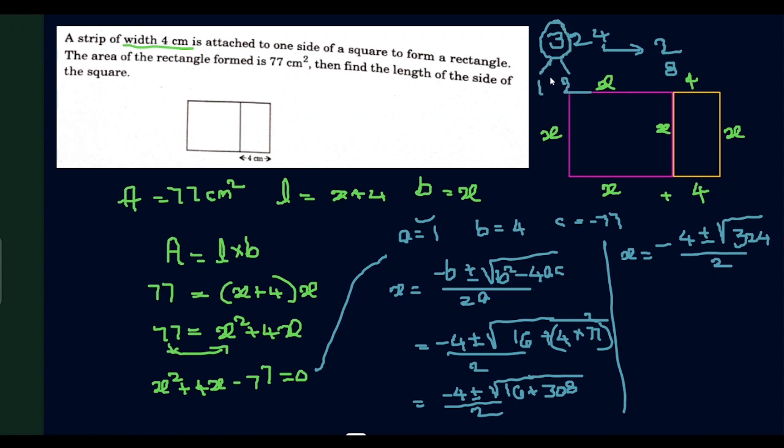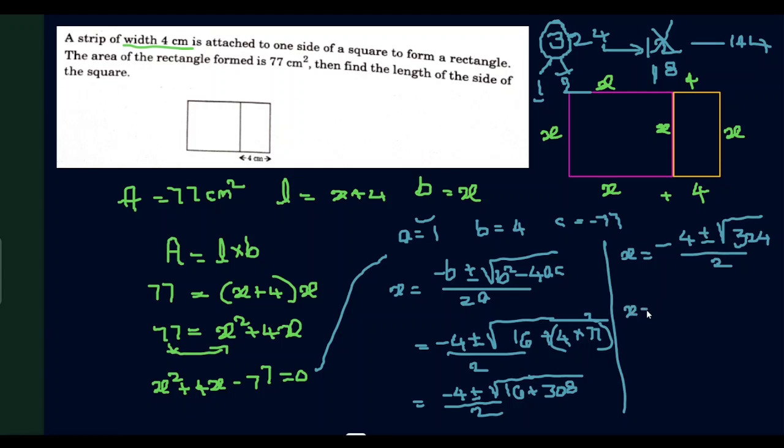Anyway, we cannot take the higher value, so we will go with the first one. Either 12 or 18, but we know that 12 square is 144, so we cannot take 12, and yes, it is 18, right?